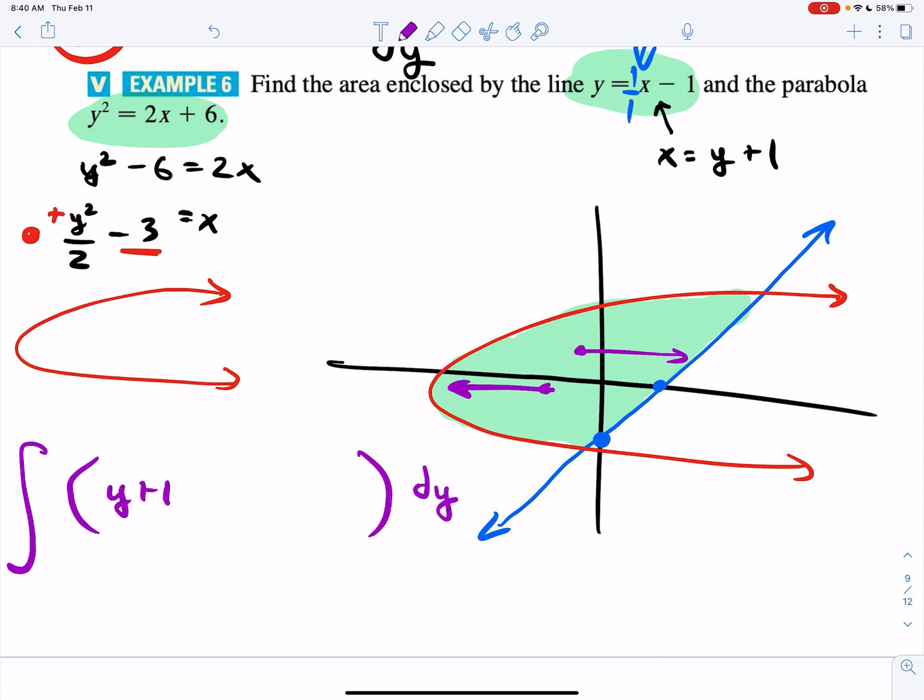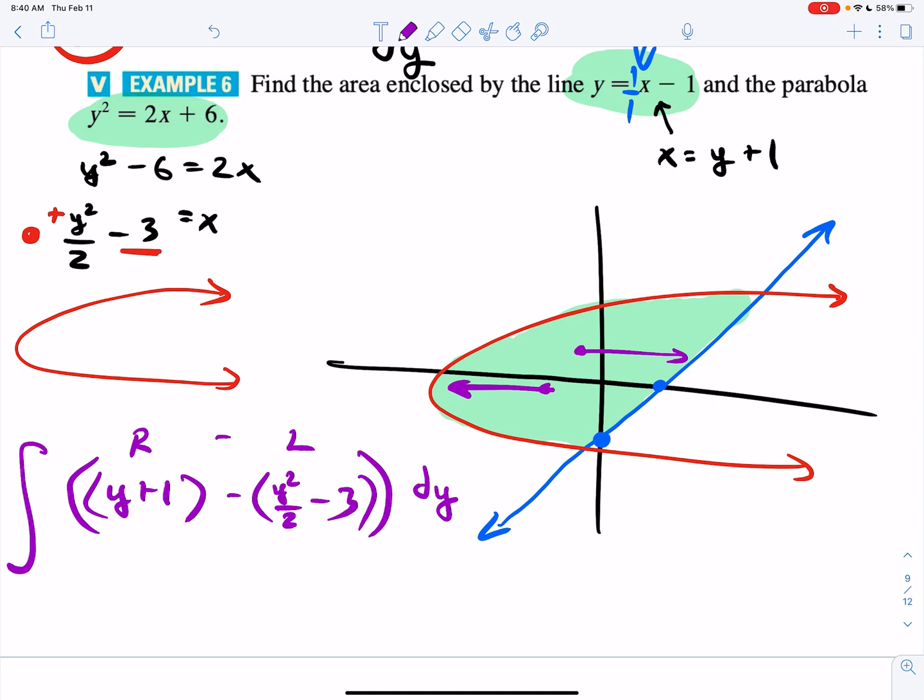Remember, it has to be in terms of y. So you can't write x minus 1 here. So that's my right function minus my left equation, which will be y squared over 2 minus 3.